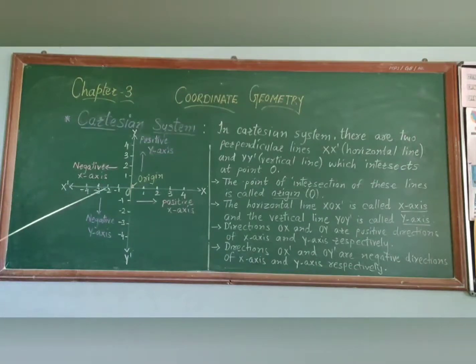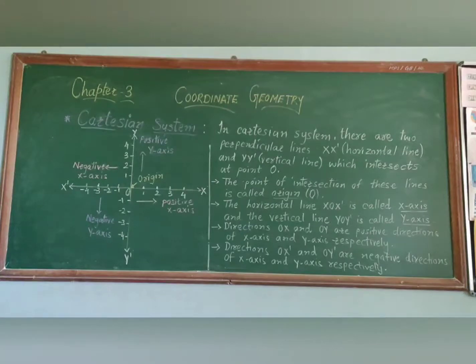Now the directions OX and OY are the positive directions of the x-axis and y-axis respectively. Similarly, the directions OX dash and OY dash are the negative directions of the x-axis and y-axis respectively.